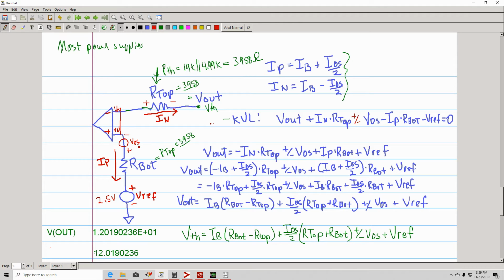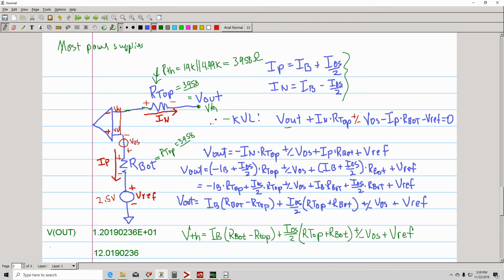Now with that we can say V out. Again, we continue with this. We label that positive, negative, and then positive and negative. So now we're ready. We're going in that direction and then down.